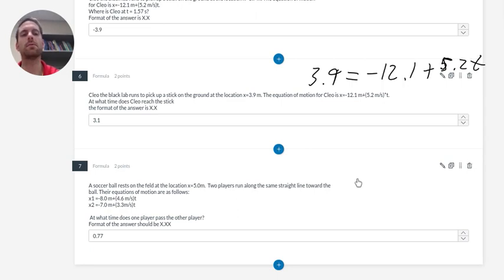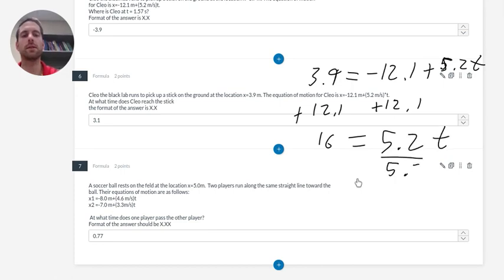Add that to both sides, you're going to get plus 12.1 plus 12.1, and we're going to get 16 equals 5.2 t. Divide 5.2 to both sides.